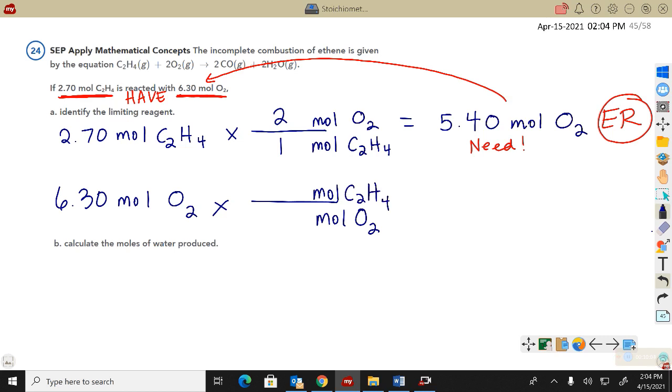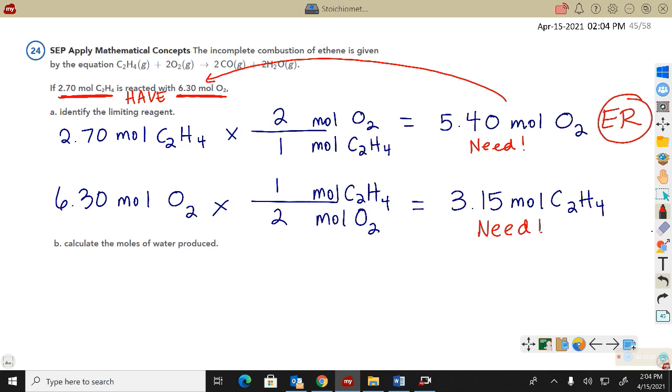I plug in the ratio, 1 to 2, and we throw it in our calculator. And I'd be looking at about 3.15, right? Moles of the C2H4. That then, what I just calculated, is the amount that I need. If I wanted to react all of the oxygen, I need a little more than 3 moles of the C2H4.